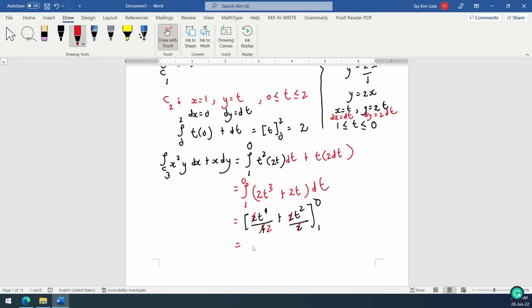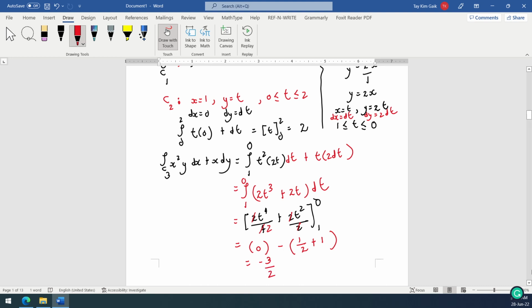When you plug in 0, everything is 0. Plug in 1, you have a half plus 1, so 1 plus a half, and with the reversed limits, negative 3 over 2.